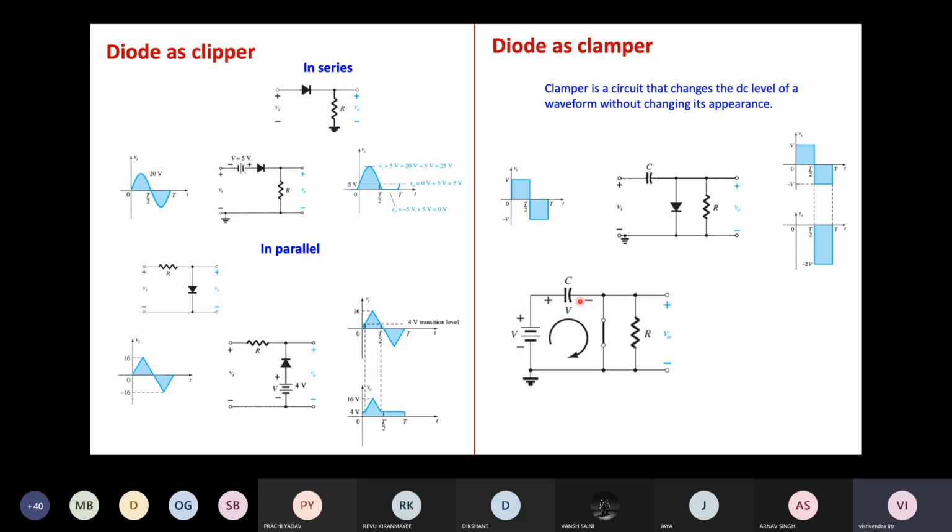And again, generally the capacitor has an exponential charging and discharging profile. We are not considering that. In practical cases, we would need to consider those things as well. Okay.